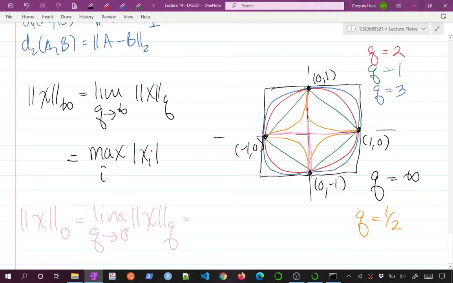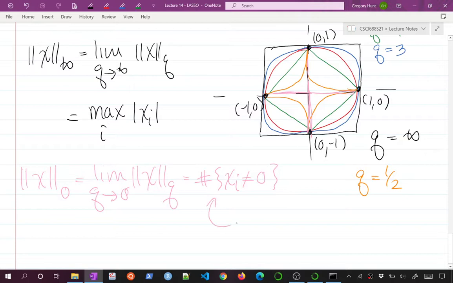And that is, how do we want to write this, say the number of x_i not equal to 0. So that is exactly the number of non-zero elements of x.